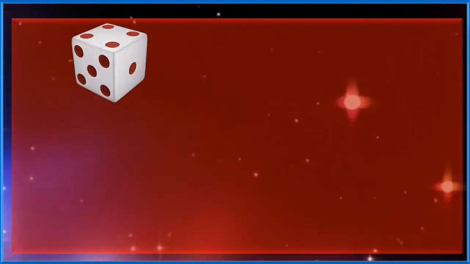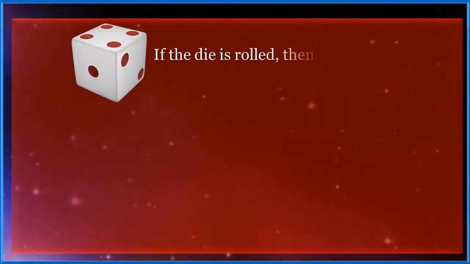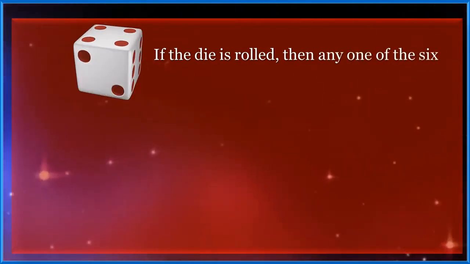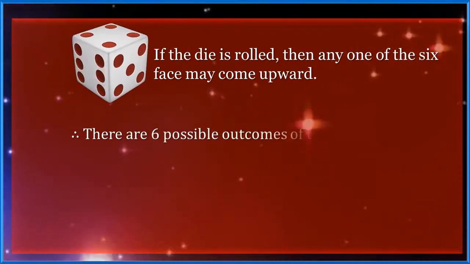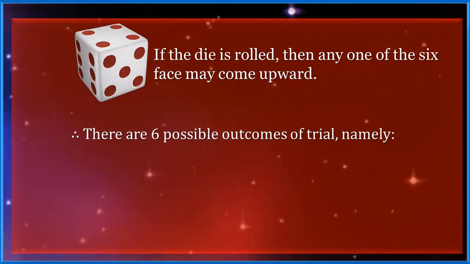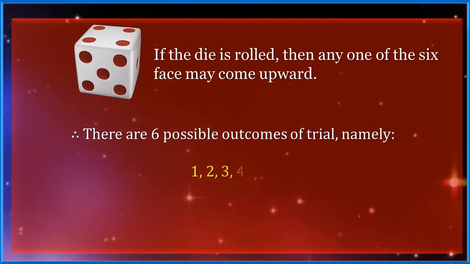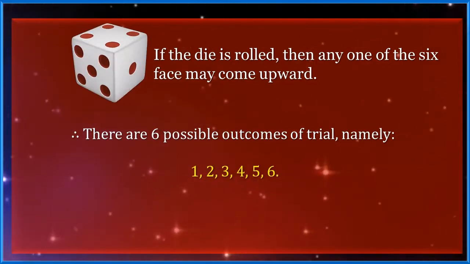Let there be a cubical die marked with numbers 1, 2, 3, 4, 5, and 6 on its 6 faces. Consider now the random experiment of throwing a cubical die. If the die is rolled, then any one of the 6 faces may come upward. So there are 6 possible outcomes of a trial, namely 1, 2, 3, 4, 5, 6.